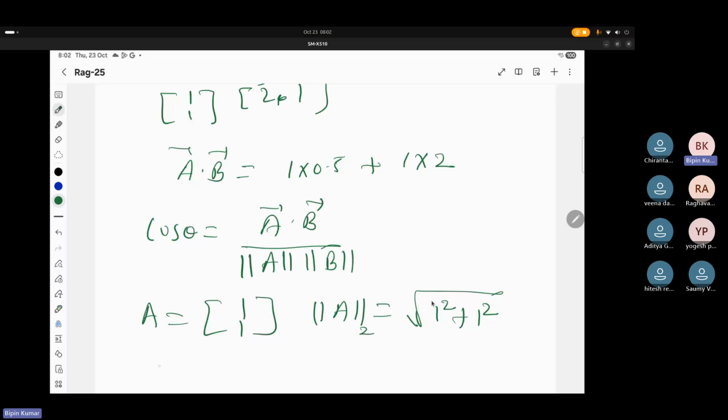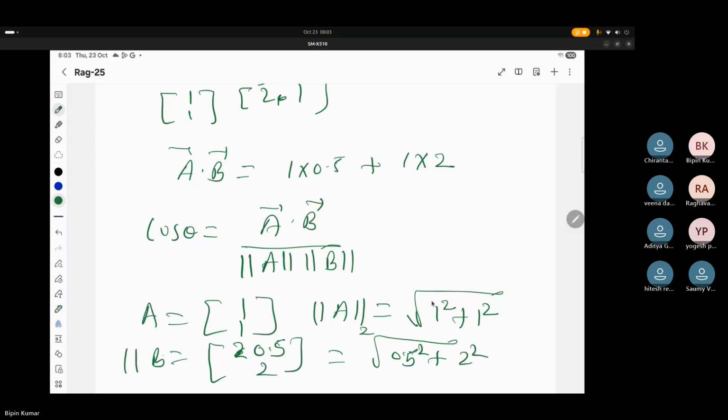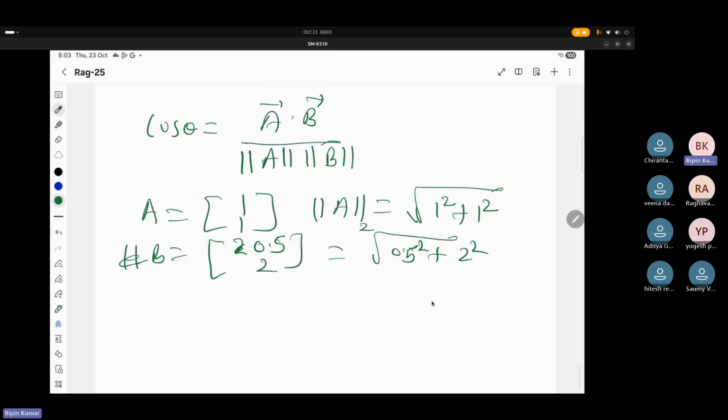Similarly, if you have to find the norm of b, where b is 0.5 and 2, its norm will be the square root of 0.5 square plus 2 square. That will be the norm of b.